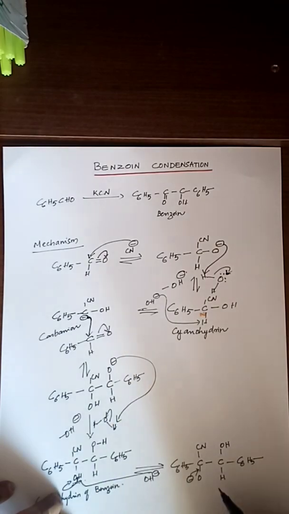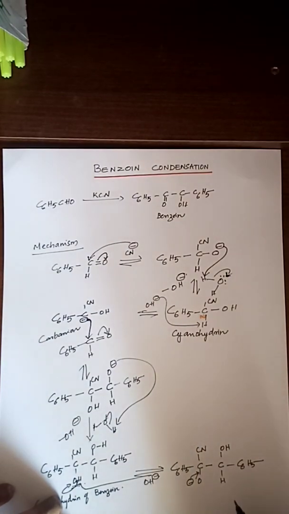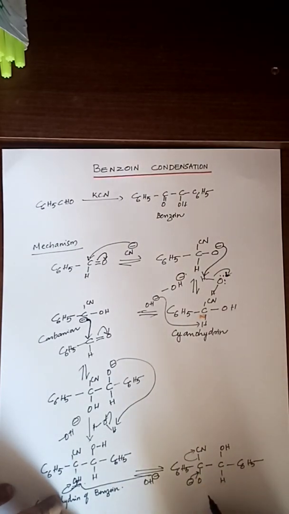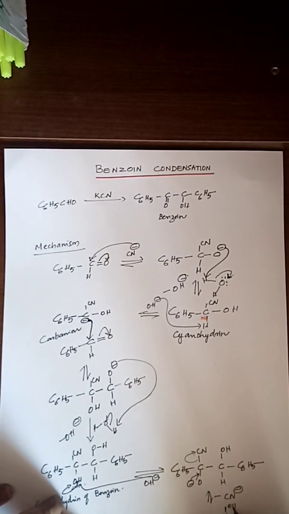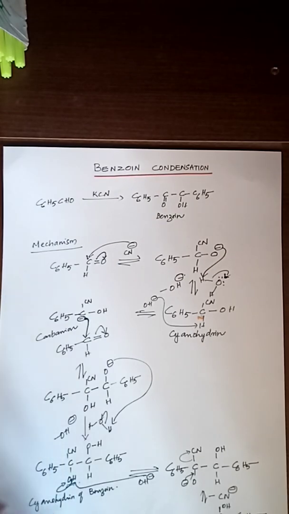This is the final step, in which CN minus is removed. By the elimination of CN minus, it will ultimately form HCN. Here the CN minus will be removed, so that we get C6H5-C(=O)-CH(OH)-C6H5.